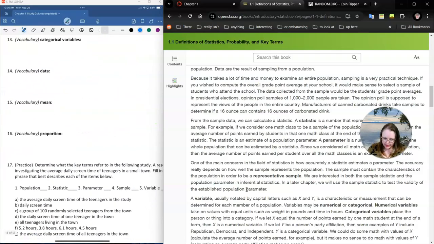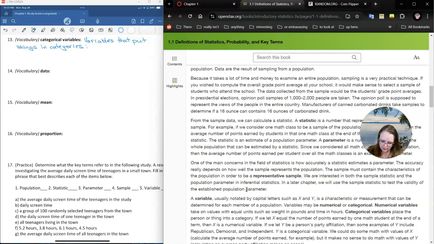And then we have categorical variables. And so categorical variables put things into categories. Numerical variables assign numbers to things. Categorical variables put them in categories. Variables that put things in categories.